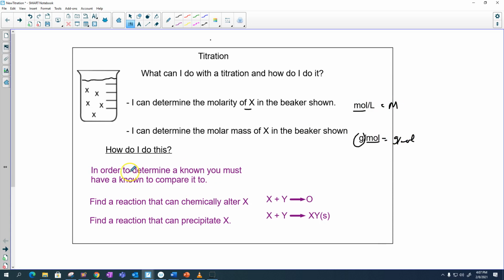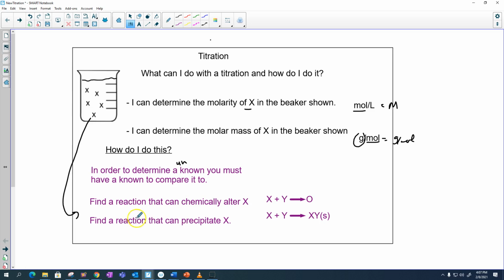In order to determine an unknown, you must have a known to compare it to. So let's say, for example, we find a reaction. How would we actually do this? There's a bunch of ways you could do it, chemically speaking.